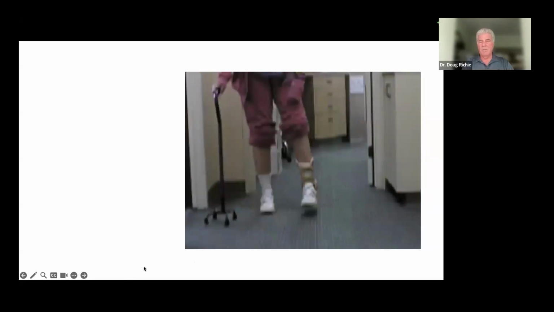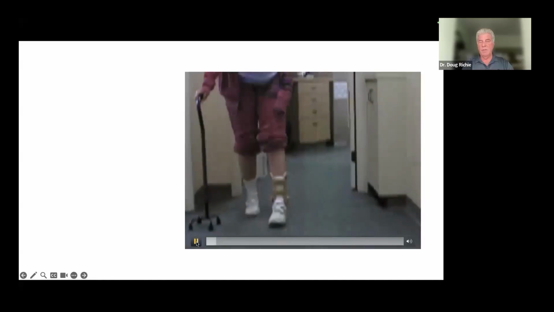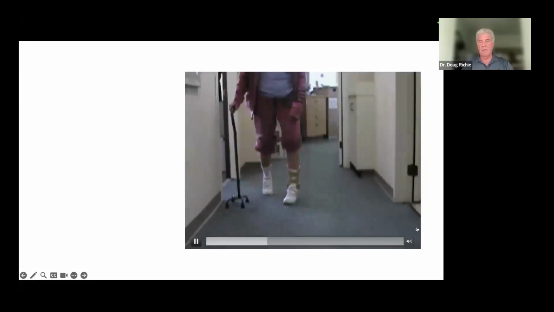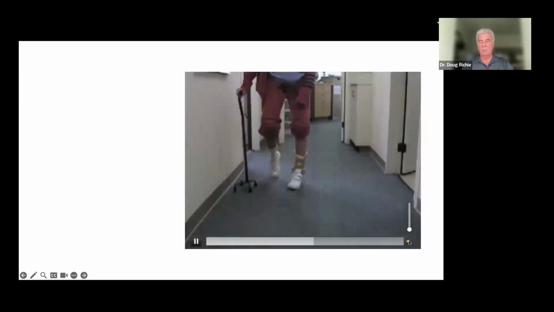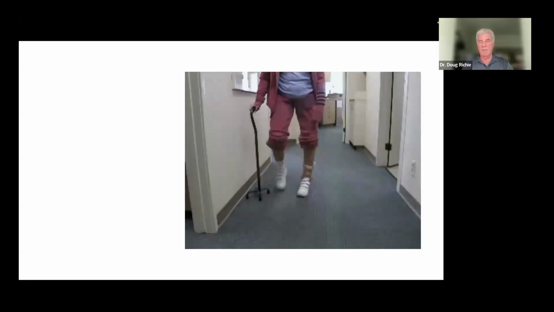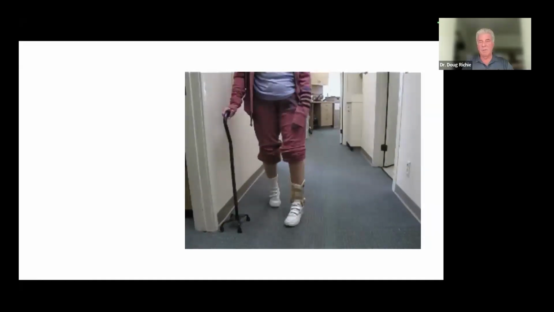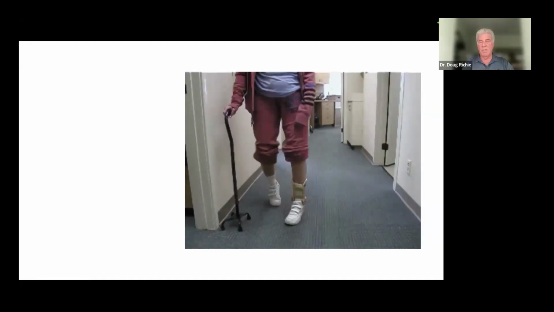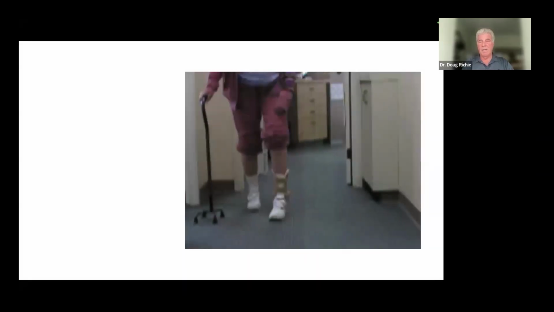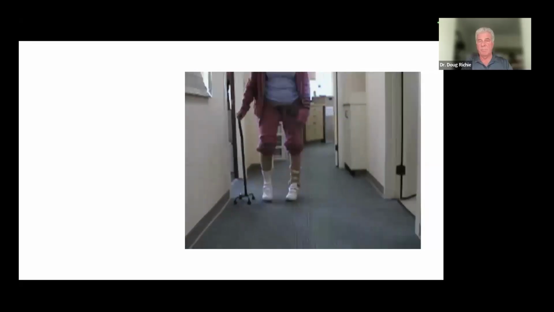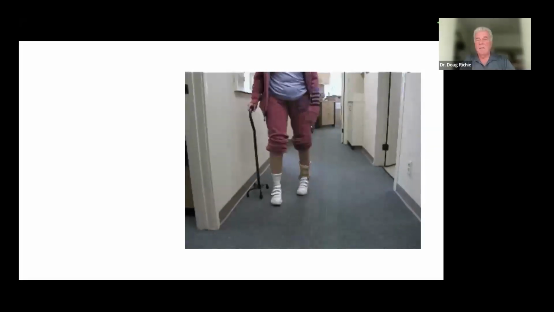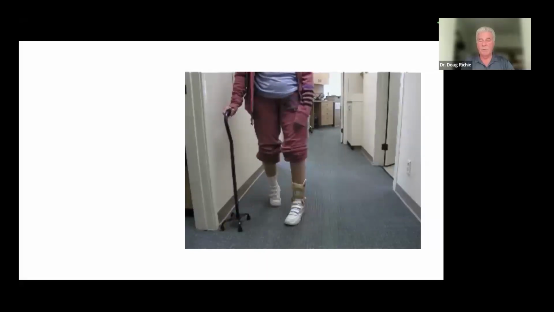So this is just a post-treatment with a very simple Richie brace intervention. This is our restricted hinge brace, which I'll go over in more detail later. And what we see is control of the foot drop, not necessarily control of hip circumduction and the spasticity of the upper extremity, because an AFO will not control that.